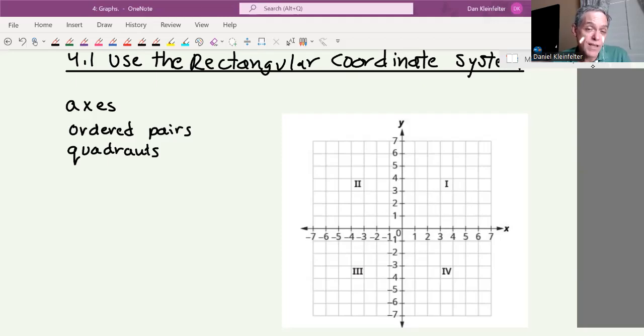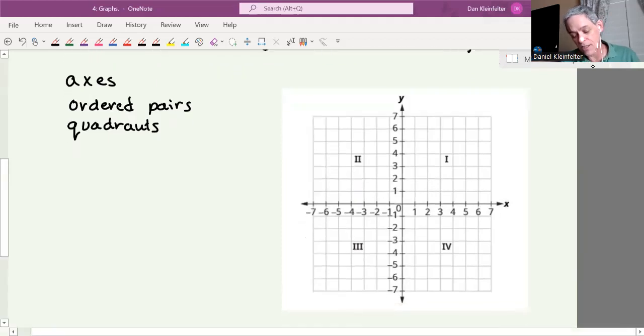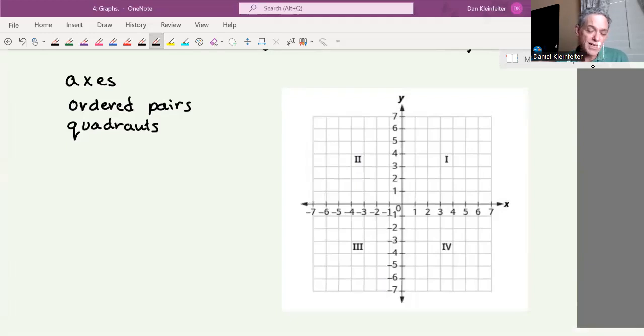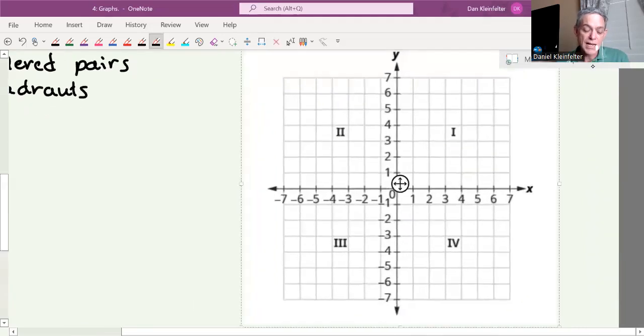And so for that reason, rather than just having a single number line, we have two number lines. The way that we arrange our number lines is so that they intersect at the 0 for both of the number lines. The horizontal number line is the number line we have always had, picture that you see here, and that's our X number line. In this context, it's called the X-axis.